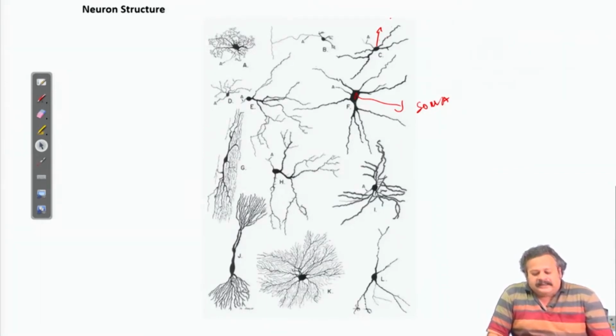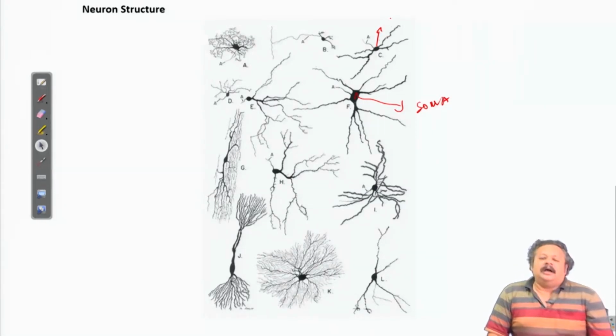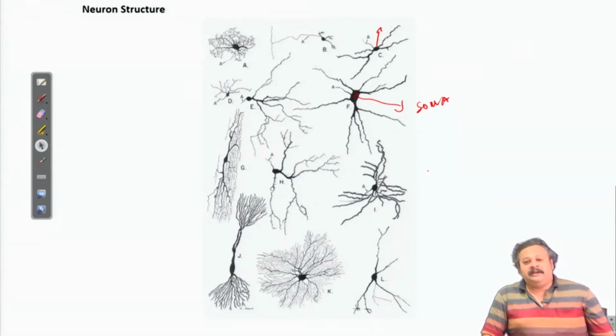There are extended structures protruding from the soma, either in one direction or in multiple directions, as you can see in the different examples shown in this slide.